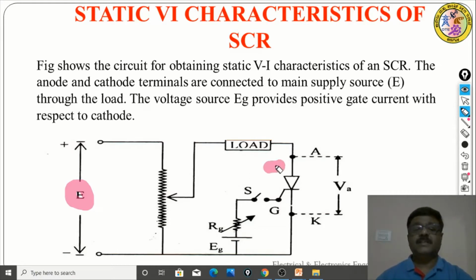You can see here that the anode is positive with respect to the cathode. We have connected the anode terminal to the positive of the source through the load.